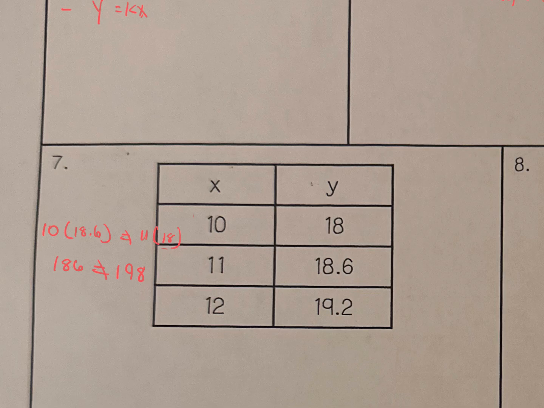I did this one, but you could also do this one and that one. If they're equal once you cross multiply, then they are proportional. If they're not equal, then they are non-proportional.